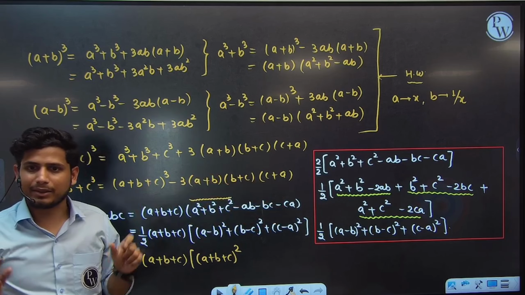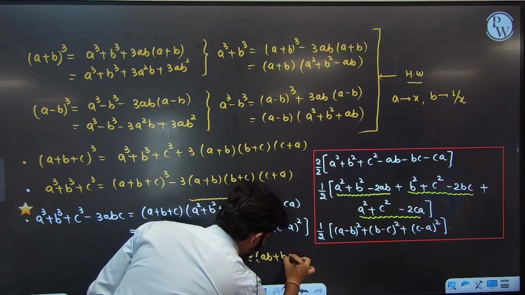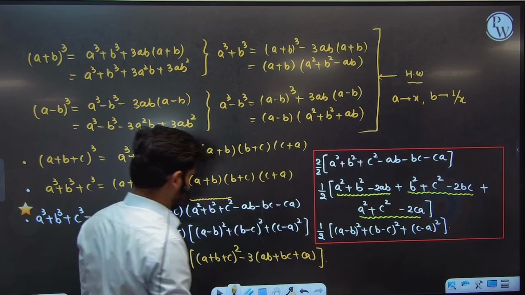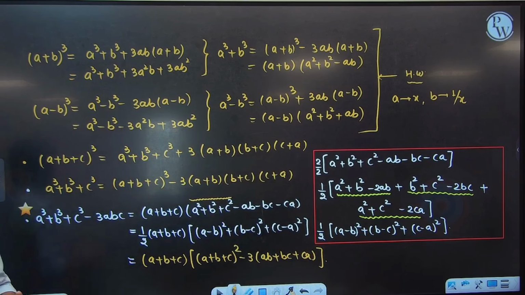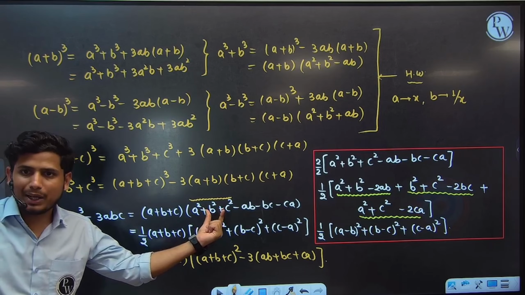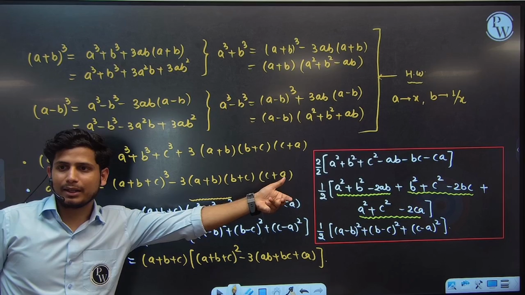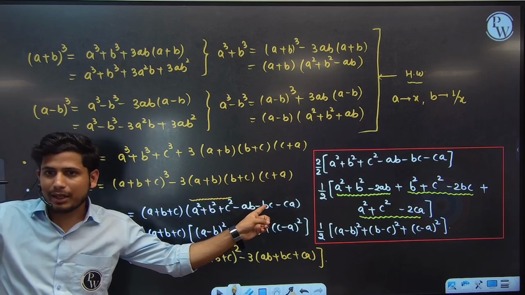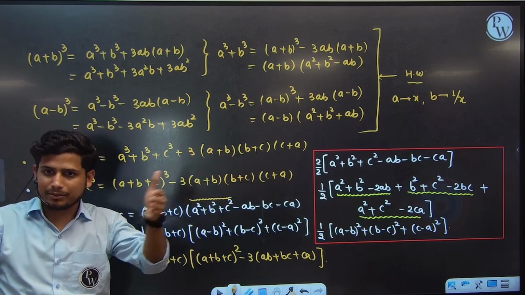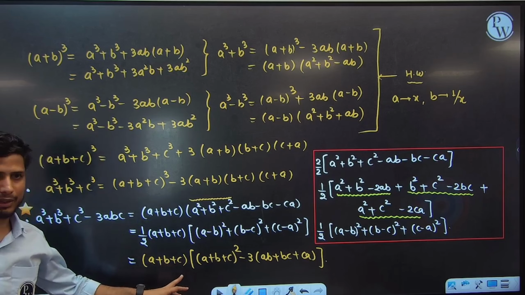Then minus 2 and minus 1, minus 3, so you get minus thrice of (ab plus bc plus ca). Again, in a square plus b square plus c square minus twice of (ab plus bc plus ca), here minus of (ab plus bc plus ca) one time, and in that formula two times, so 2 plus 1 is 3. So minus of 3 times. So this is again a new addition formula.